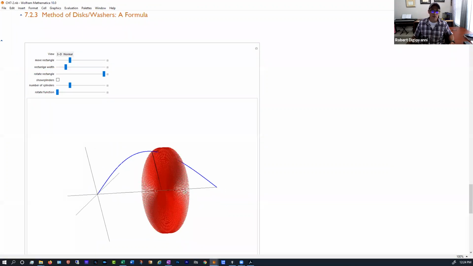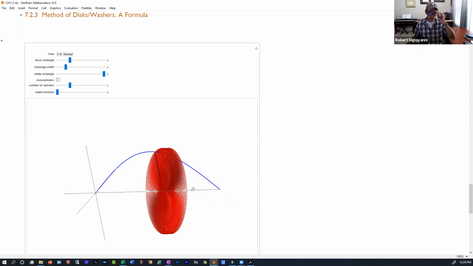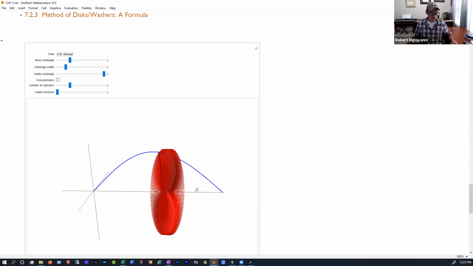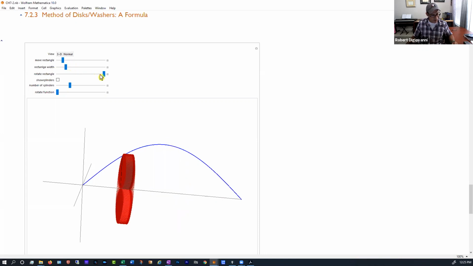This is a washer without a hole in it, okay? This is more like a disc, but it's the same principle. Doesn't matter where my rectangle is. Also, it doesn't matter how wide the rectangle is. If I take it and I wrap it, then I get one little washer there, right?